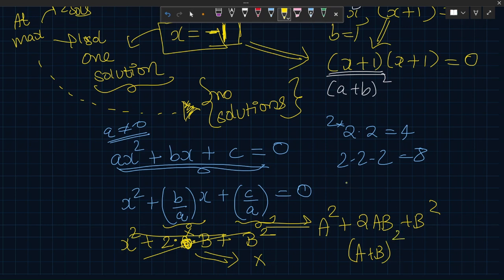Essentially, I could have just written it as x plus some number n the whole square equal to 0, and I get the solution.